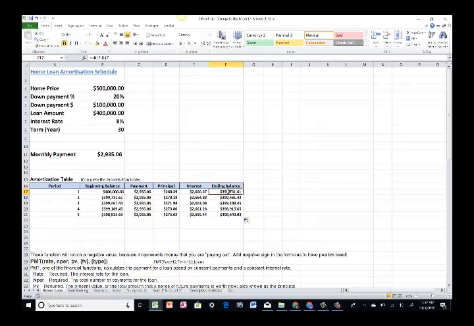You can just add these two together to get the ending balance. So make sure that your ending balance is always lower than your beginning balance for each month. That's how you do the amortization schedule.